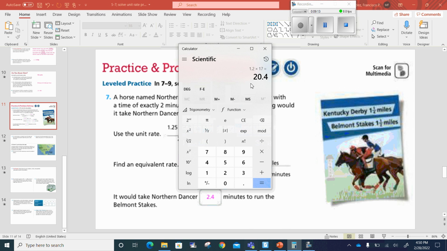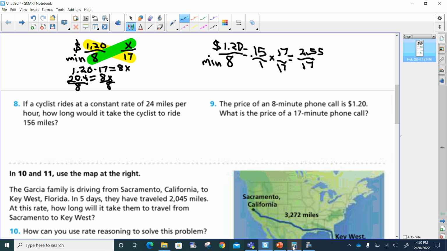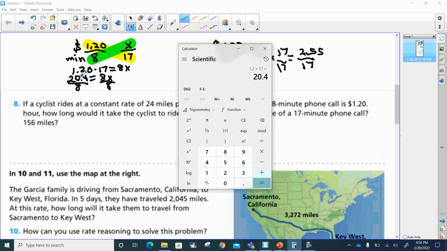So 20, oops, sorry about that. Wrong one. There we go. 20.4 divided by 8. And look at that, 2.55. So x equals 2.55.